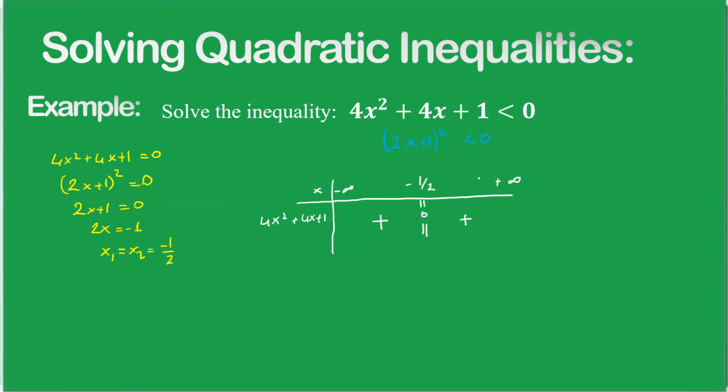Less than 0, let's check. This case is positive, this case is positive, there is no less than 0. And what about equal to 0? It's not equal to 0, we need just less than 0. So there is no real solution. Or just the empty set. This one is the solution set.